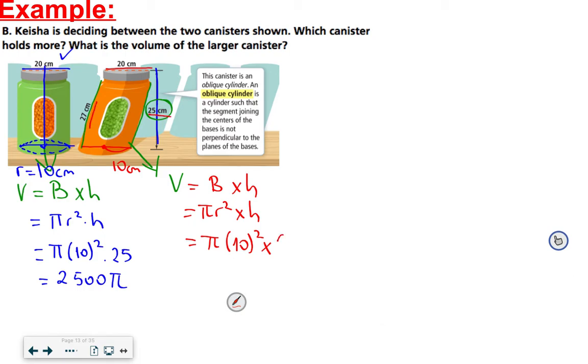Of course we will use 25, so if you calculate, you will get 2500 pi as your volume. So it doesn't matter which canister Keisha is deciding on, both of them have the same volume.